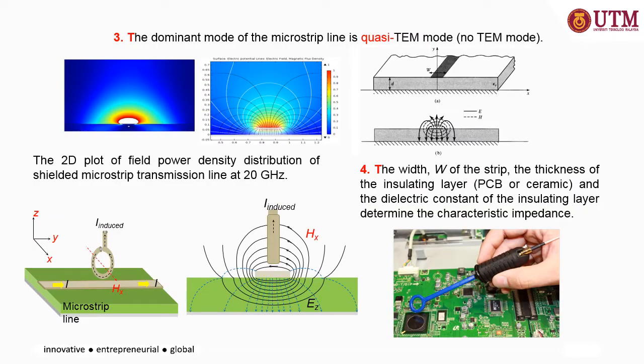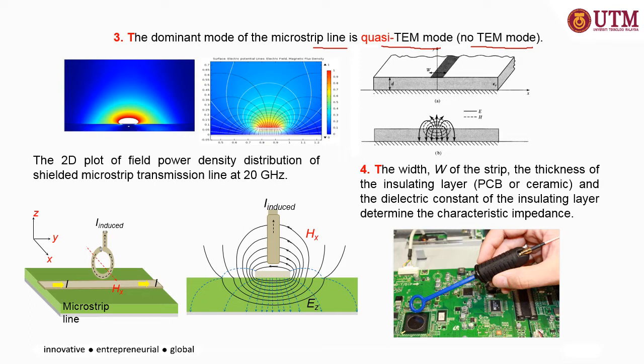As in the rectangular and circular waveguide, the dominant mode for the microstrip line is quasi-TEM mode. Again, it is not TE10, TE01 or TM10 mode.